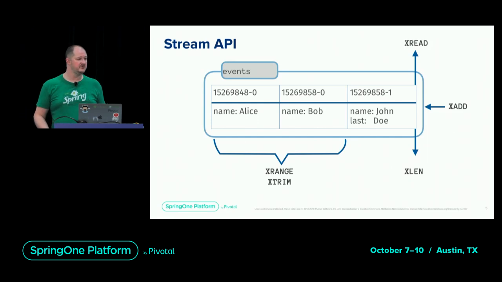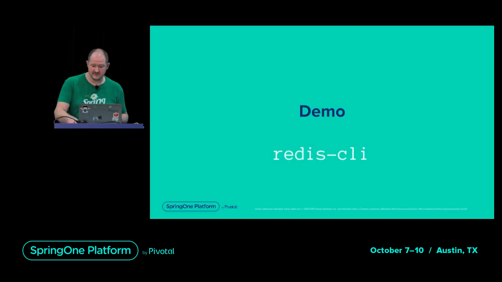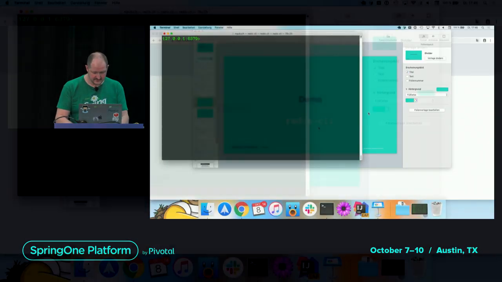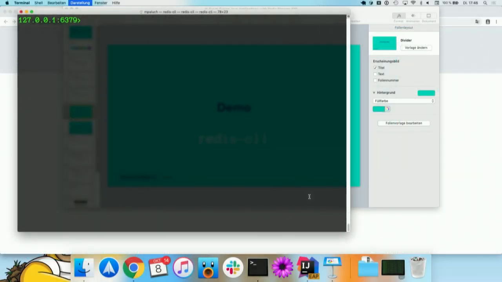And for Redis streams, it is the X. So therefore you see the XADD command to add items. The XREAD command to read from the stream. XLEN will give you the length. And there are a couple of more commands. And we will take a look how this feels and looks like now in a demo. Cool. So let's take the Redis CLI.